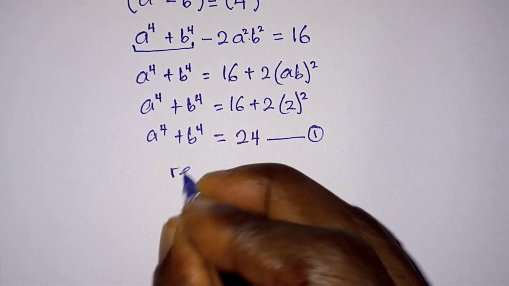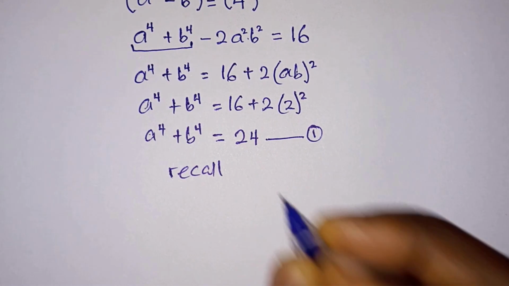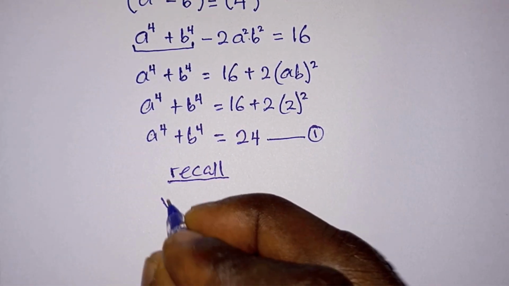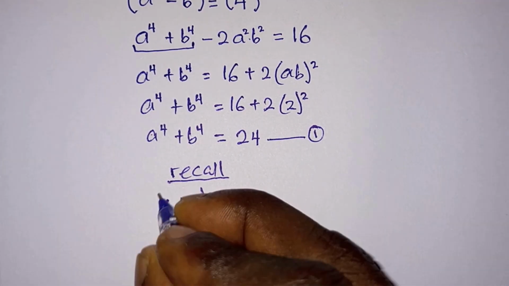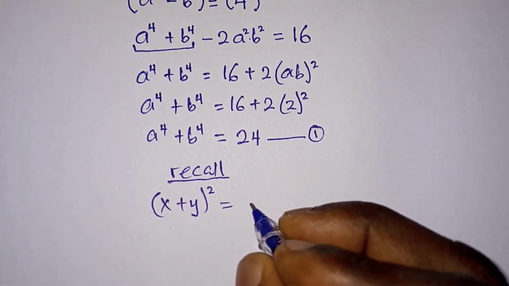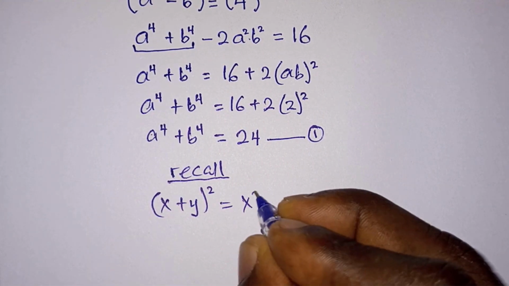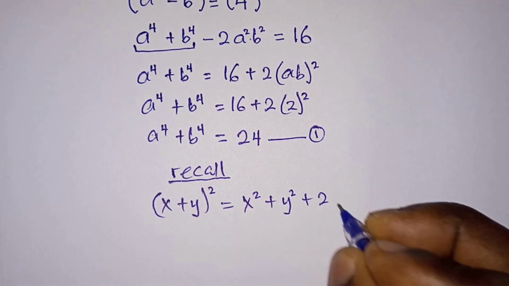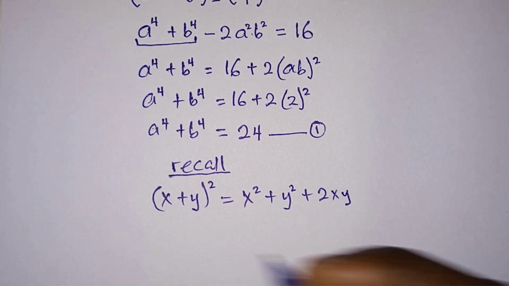Then let's recall an algebraic identity. If we have x plus y all squared, if we expand this, we're going to have x squared plus y squared plus 2xy.